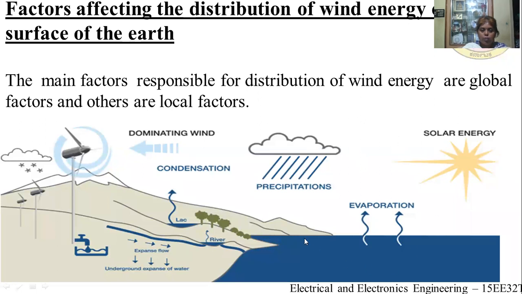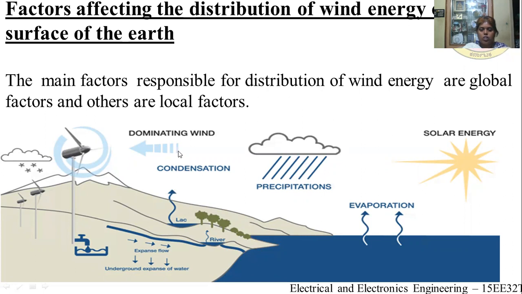So this is the picture which shows how the winds are generated. It starts from the solar energy, wherein it evaporates the water on the surface. This evaporation reaches the clouds. This will precipitate on the surface of the earth, and again through the river it starts condensing.